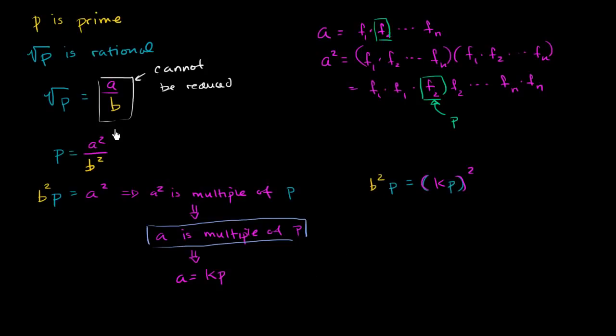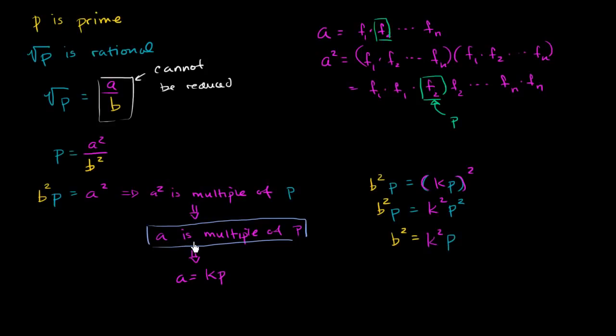And so if we were to multiply this out, so we get b squared times p, and you probably see where this is going, is equal to k squared times p squared. We could divide both sides by p, and we get b squared is equal to k squared times p.